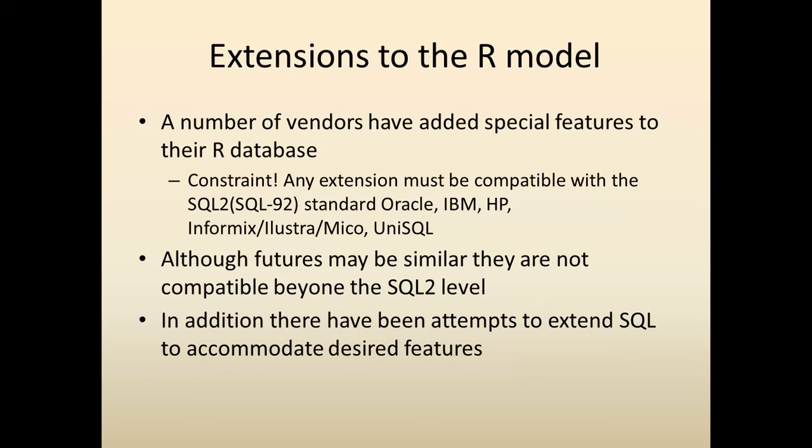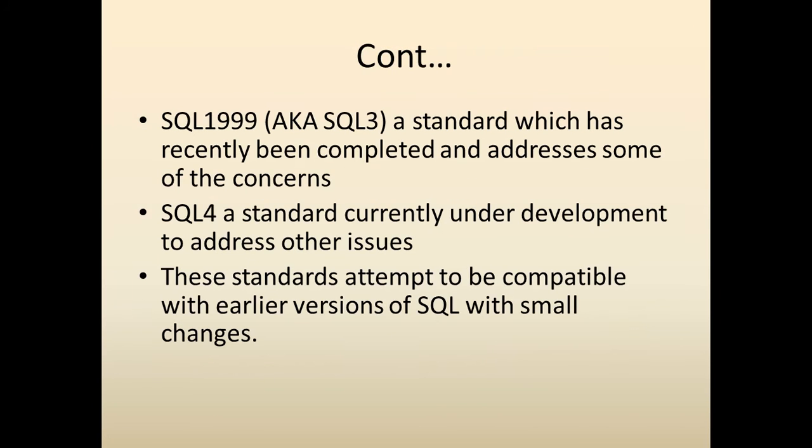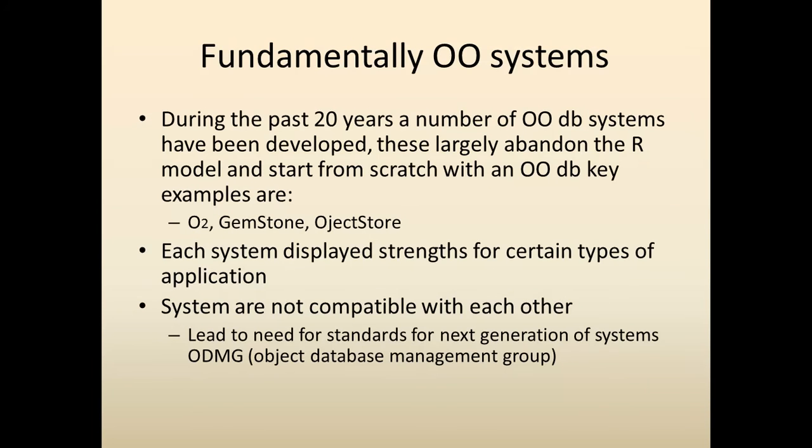Now, in addition, there have been attempts to extend SQL to accommodate desired features. So, this is a standard which has recently been completed and addressed some of the concerns. And SQL4, if we are talking about, it is a standard which is currently under development to address their issues. And these standards attempt to be compatible with earlier versions of SQL with small changes.